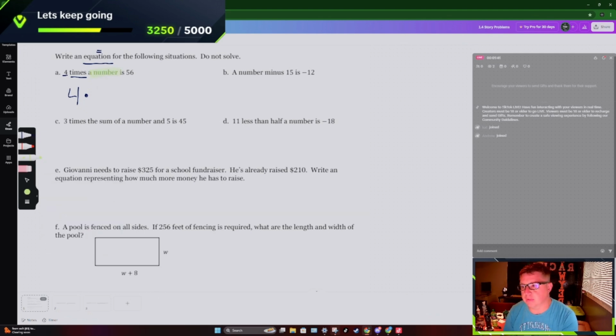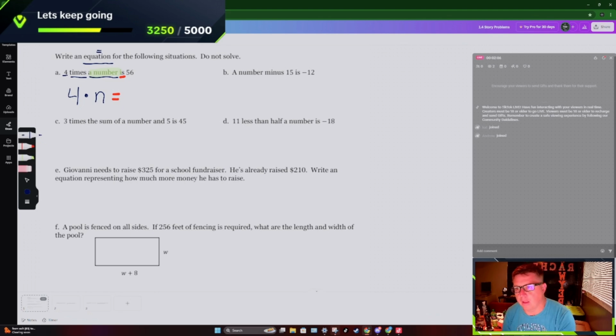And anytime it's talking about a number, we don't know what that number is. But what we're going to do is put our variable. So our variable being x, or we could even change it because it says a number. We can make it the letter n. All right. And then our ever popular is always going to be our equal sign.